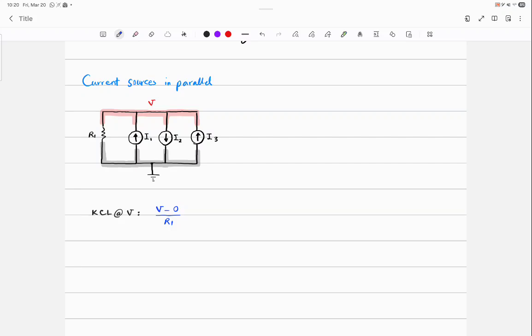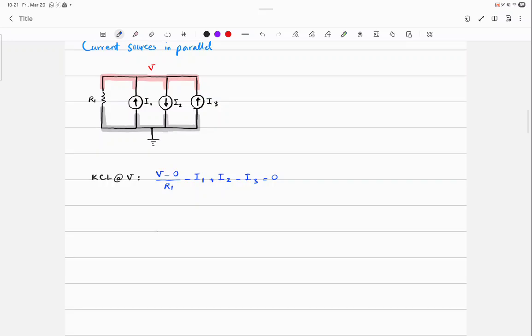Would be negative I1. Why negative? Because the current is entering the node that you're writing KCL at. Next one, please. Plus I2 and minus I3 equal to 0, right? Let's move things around.